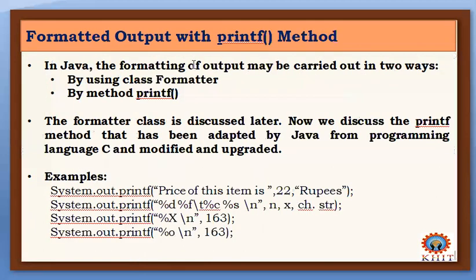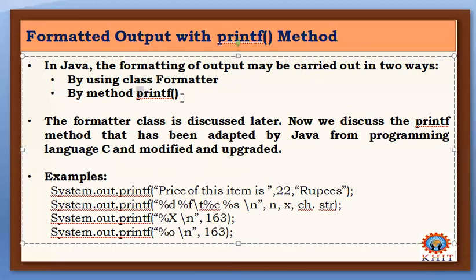In general, to do this formatting, there are two ways. One is we can use the printf method, which is the same thing as in C language, but you need to write System.out.printf. Otherwise you can use a class called Formatter, which we can also utilize. But I'll discuss that in a later section because we have some examples through which we can discuss.